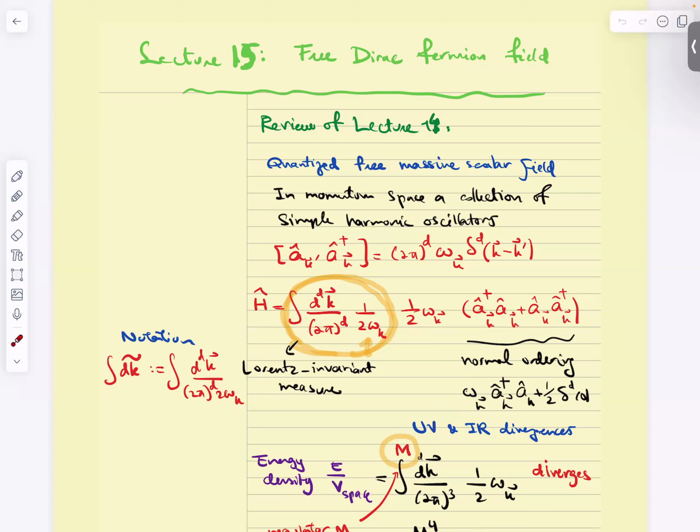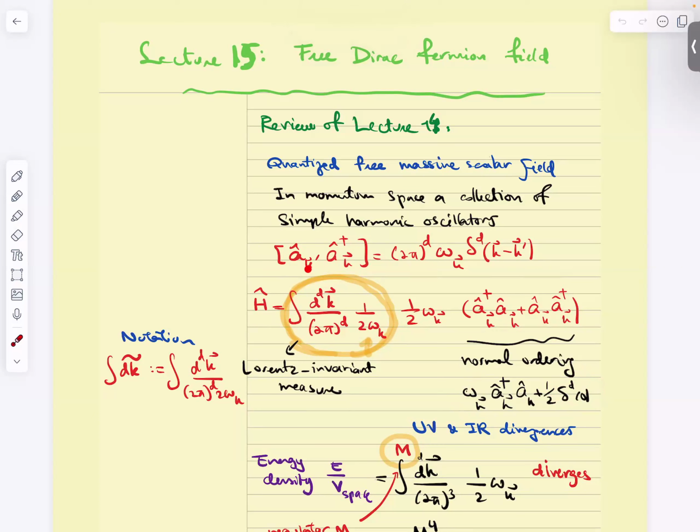And if you normal order, there are two sources of divergences that I went through a little bit quickly last time. IR divergence, infinite volume, and UV divergence. The IR divergence has to do with the fact that there's a Dirac delta here. So in quantum field theory, you see this relation.